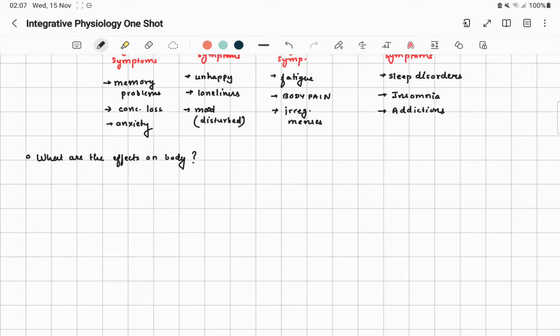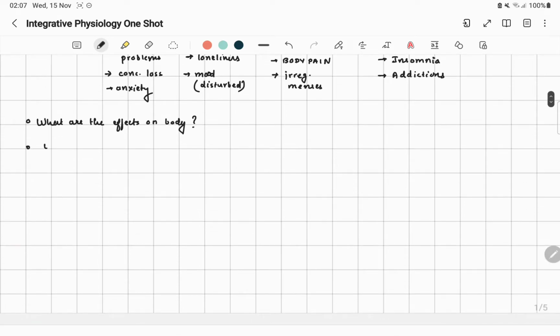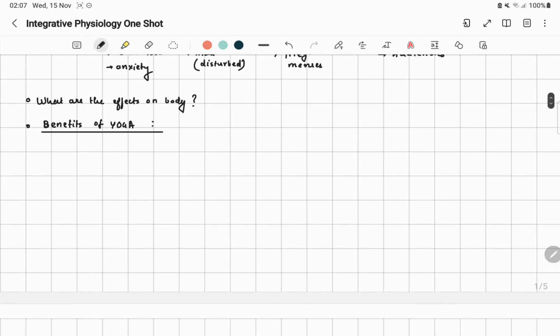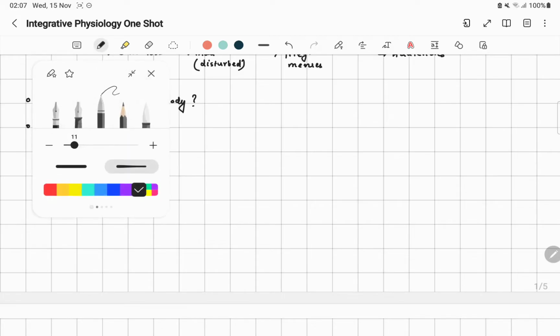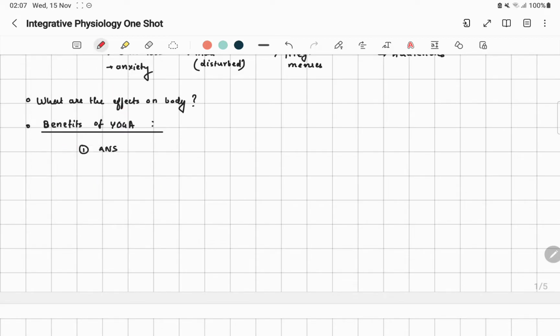So what are the benefits of yoga? For the benefits of yoga, first let us talk about effects on the ANS. The asanas act through the ANS.